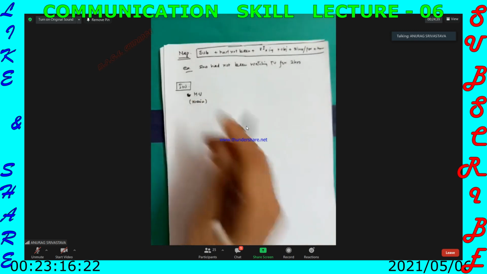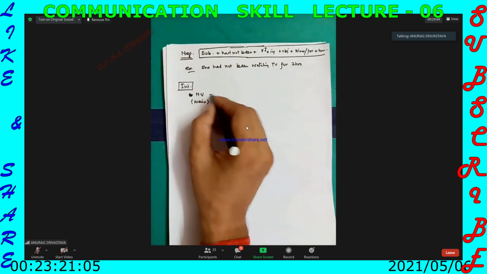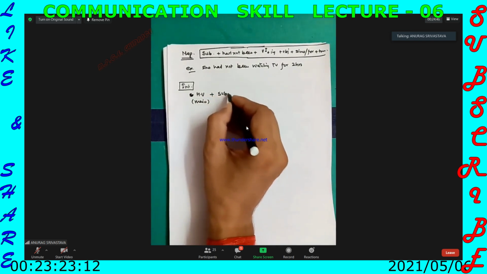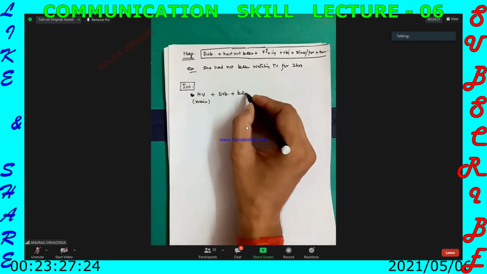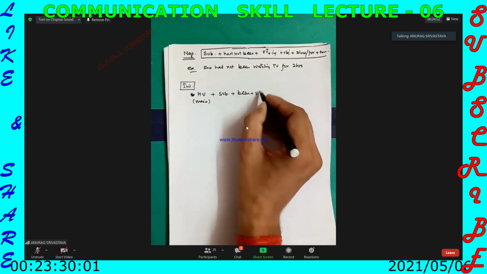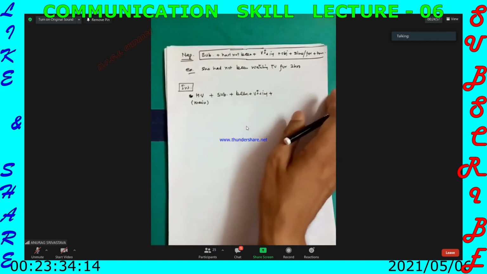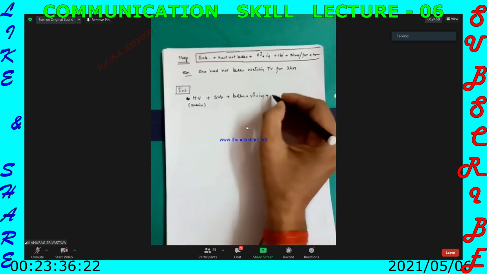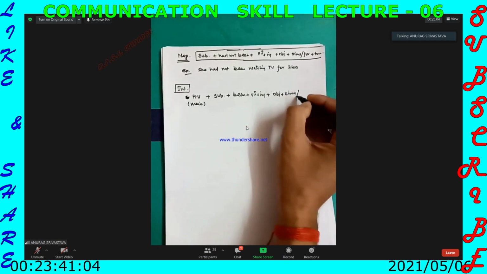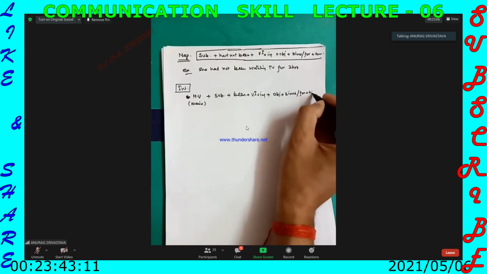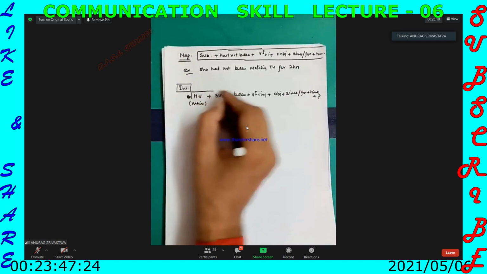Main helping verb means had plus subject plus been plus verb's first form plus ing plus object plus since or for with time, and at last other plus question mark. It is the format of the sentence.